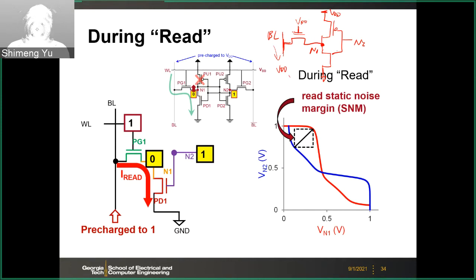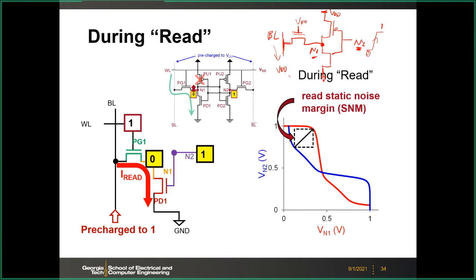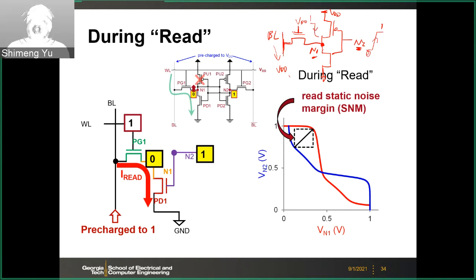Then the read butterfly curve will be a relationship between the voltage Vn1 and voltage Vn2. So what you will do is to sweep the voltage. For example, in this case, you can sweep the voltage N2 from 0 to 1. And then you look at how N1 changes. N1 will change from 1 to a certain low level. This will be non-zero, some low voltage, let's say VL, but it won't be 0.